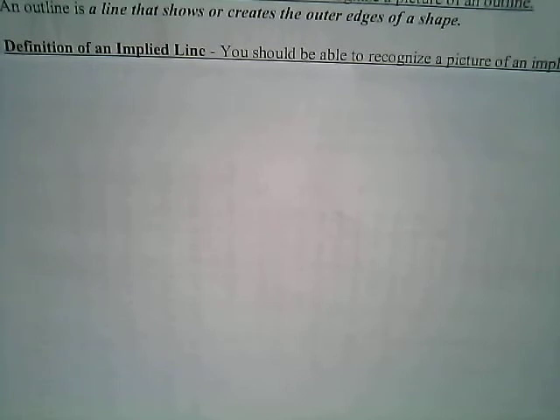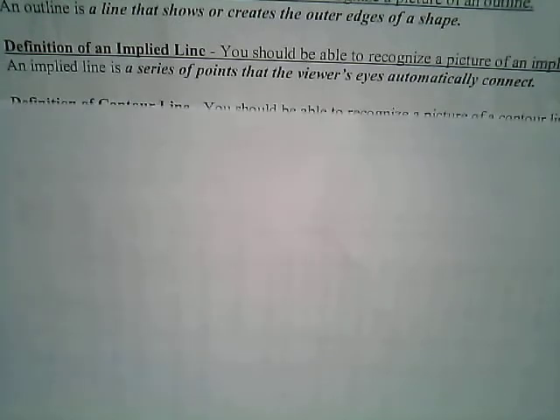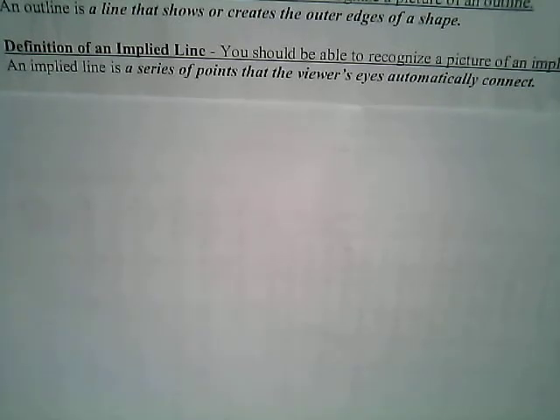Well, in art, an implied line is something very similar. So here's a definition and then I'm going to give you a demonstration, okay? An implied line is a series of points that the viewer's eyes automatically connect. There's a point. A series of points that the viewer's eyes automatically connect.